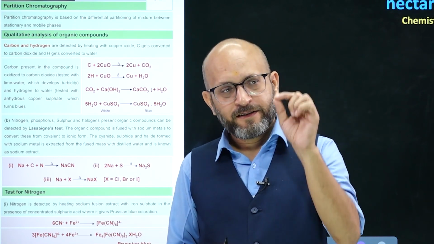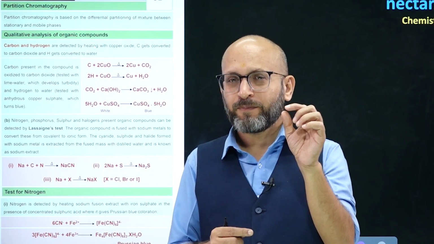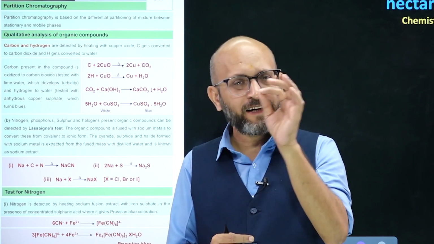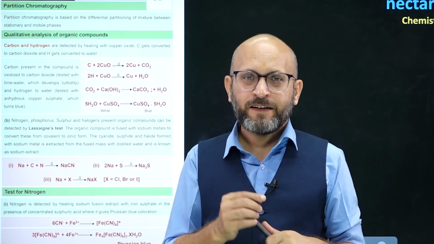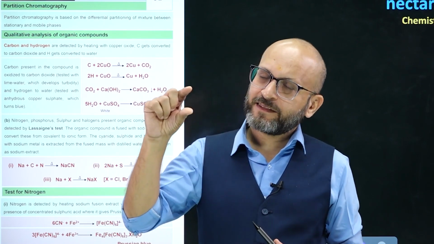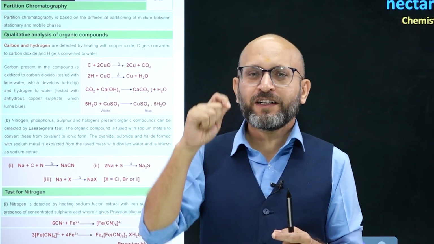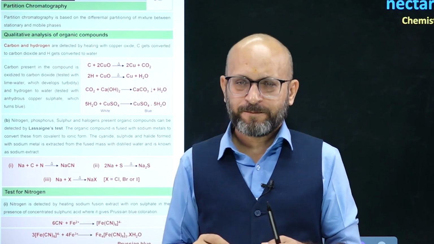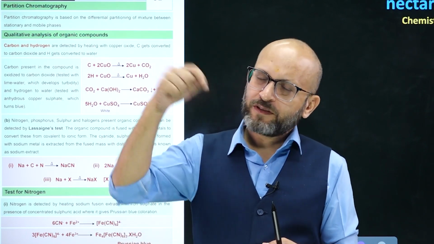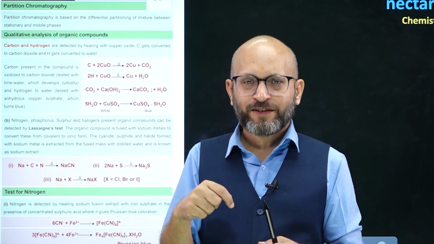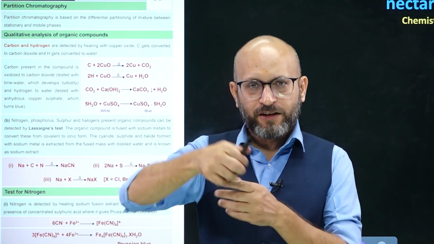We take some powdered form of the organic compound into a small tube of this size, and we put sodium metal in it. In that tube we put the organic compound and sodium metal together, and we heat it over a burner.